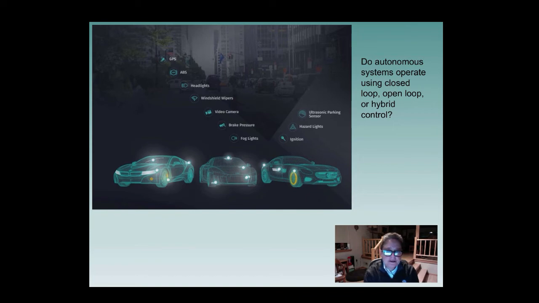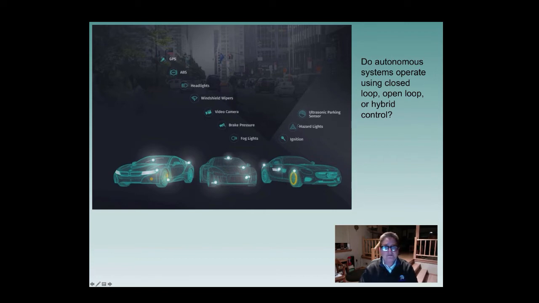Here you see a proposed or an existing mock-up for sensors on a car. Possibly these are autonomous vehicles, in other words, self-driving cars. Notice all of the various sensors that you have on these cars.